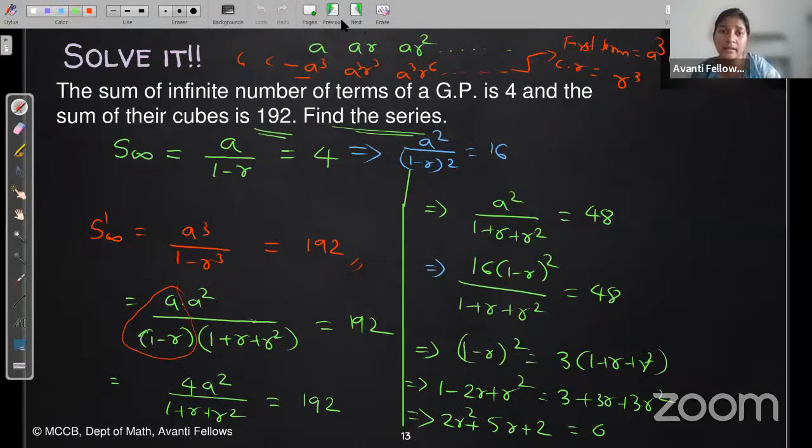Now what will we do? This is a quadratic equation. We all know, just factorize it. When we factorize that quadratic equation, we will get r value as minus 2 and r is equal to minus 1 by 2. Now tell me, for what values of r does the sum of the infinite terms exist?